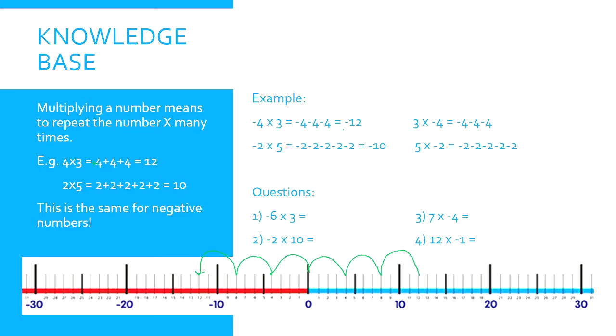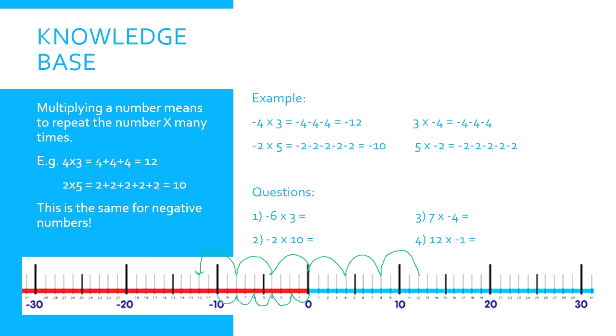In exactly the same way, if I say negative 2 multiplied by 5, or 5 times negative 2, I'm jumping down from 0, negative 2, negative 4, negative 6, negative 8, negative 10.